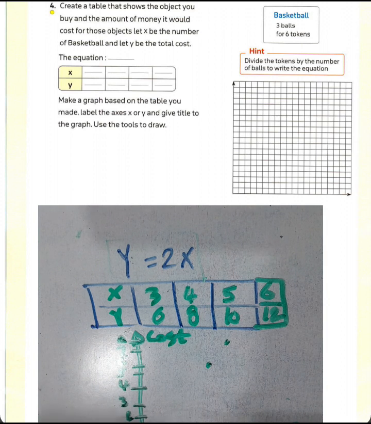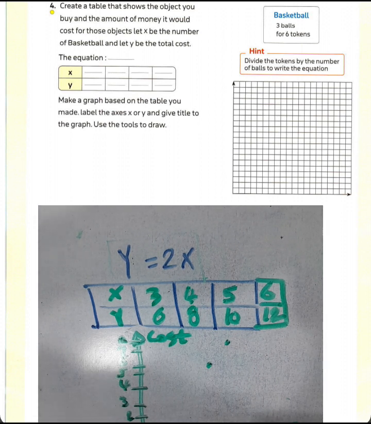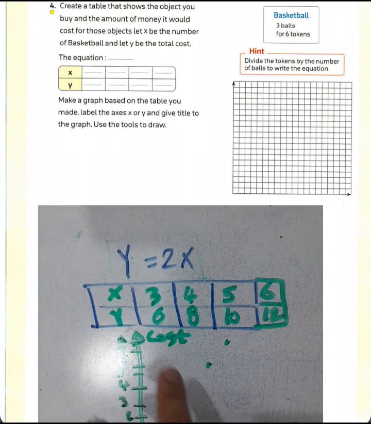Y equals 2x because you want to create a table that shows the objects you pay for and the amount of money it would cost for those objects. Let x be the number of basketballs, and let y be the total cost.